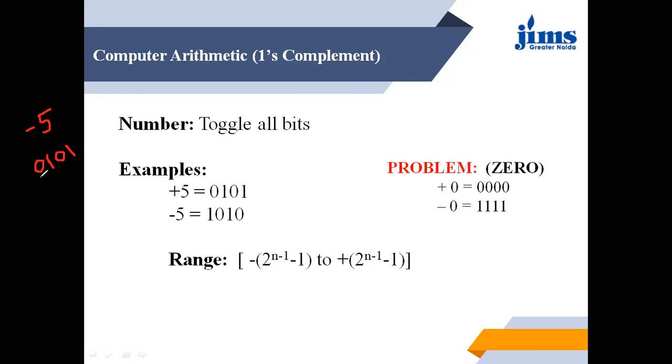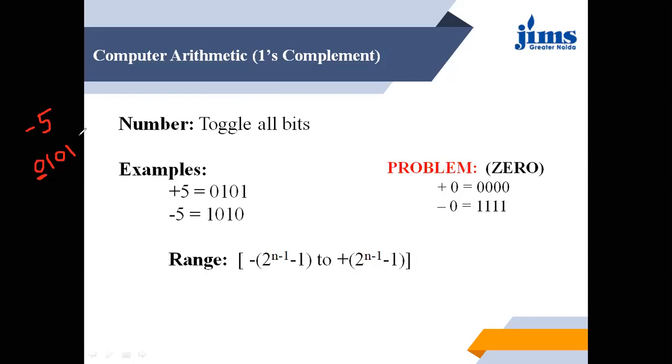In one's complement we never use 0 or 1 for the positive or negative sign, as we do in sign magnitude form.